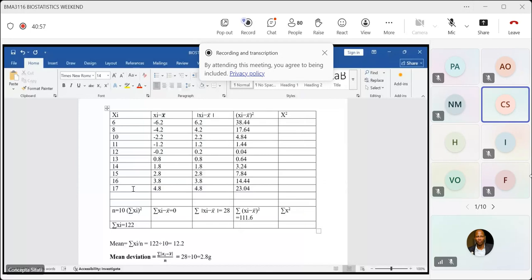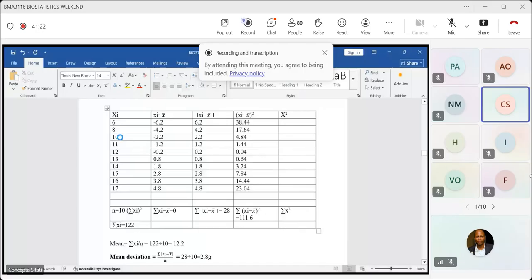From the mean, we have an item that is 6 units away. That is the highest. So if data was to start from 10, our variance and all the parameters will have values that will be smaller. But when we subtract 10 from 17, we shall get 7.